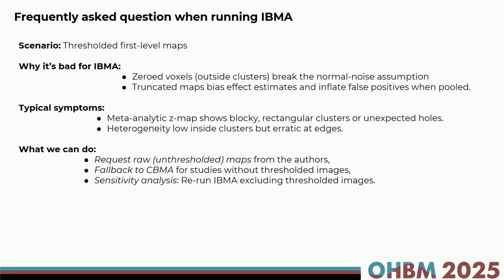In this case, we should either request raw, unthresholded maps from the authors, or take one step back to CBMA for studies without unthresholded images. And we can also do sensitivity analysis in this scenario by rerunning IBMA to exclude thresholded images.